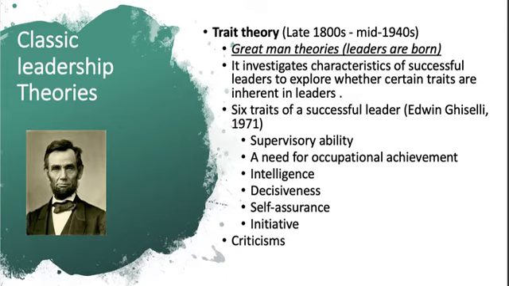You could include a long list, right? So that's a big criticism. They say it's difficult for us to identify what the most effective traits are for effective leaders. Second, they say trait theory doesn't consider situational effects.